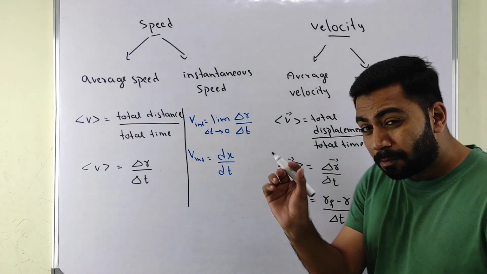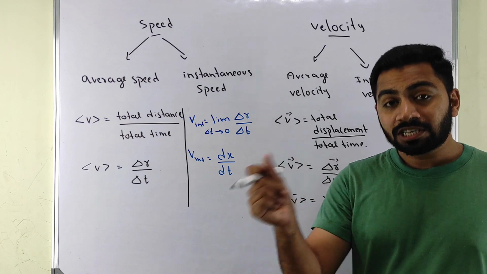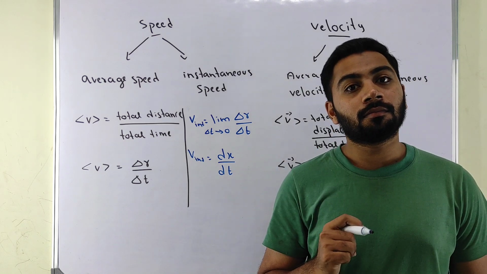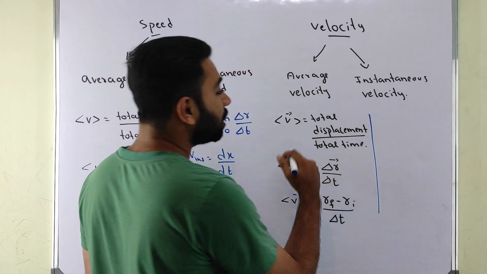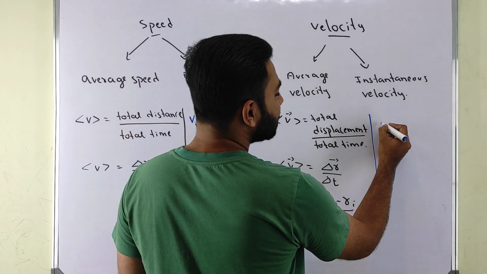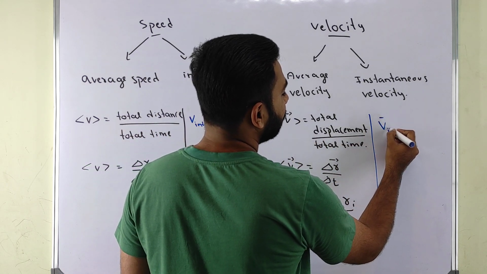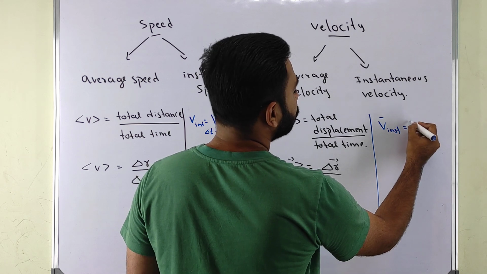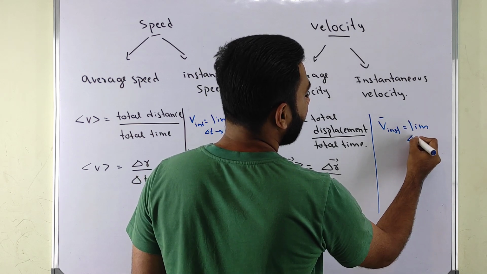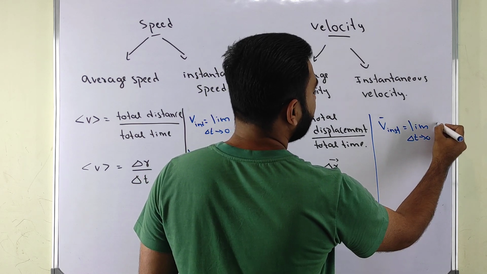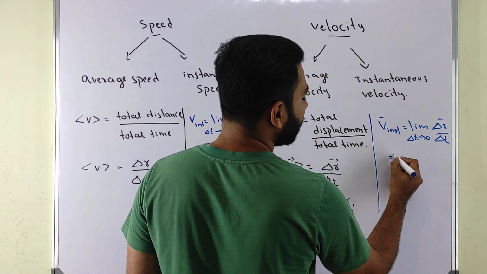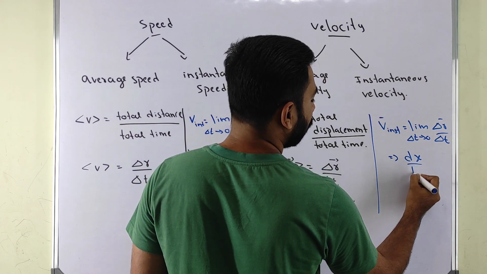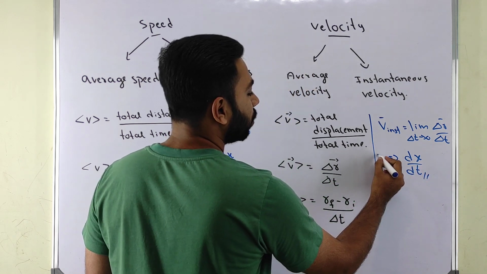Instant means differentiation only, mind you. Similarly, instantaneous velocity is the limit as time tends to 0 of dou of r divided by dou of t, which is dou of x by dou of t at a particular instant.